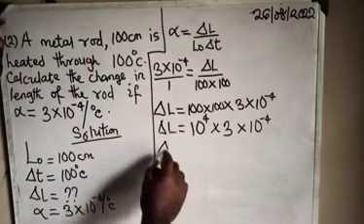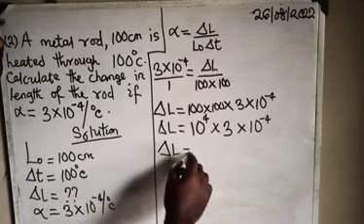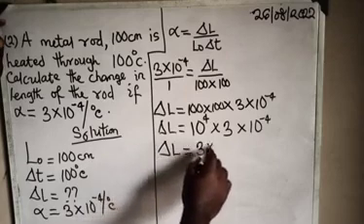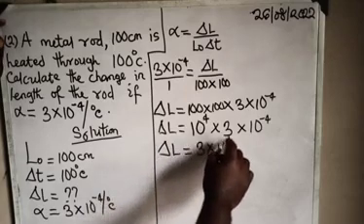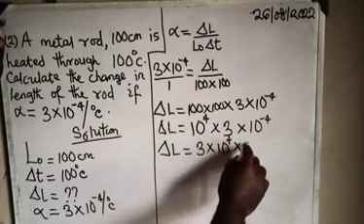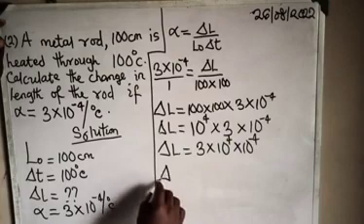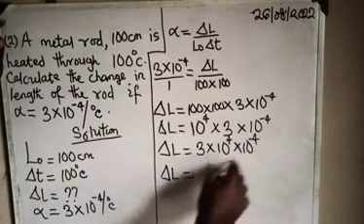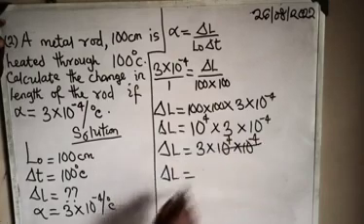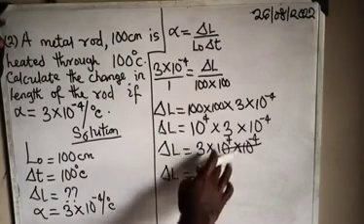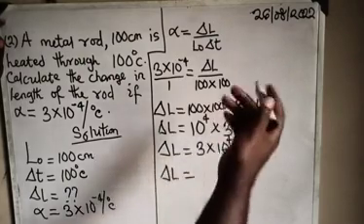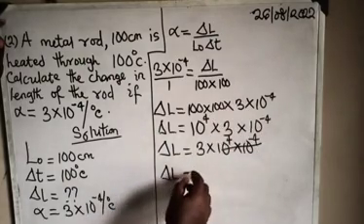And this automatically will give me 3 times 10 to the power of positive 4 times 10 to the power of negative 4. If you apply the law of indices here, these two will cancel out. That's 10 to the power of 4 minus 4 which gives 0, and 10 to the power of 0 is 1.